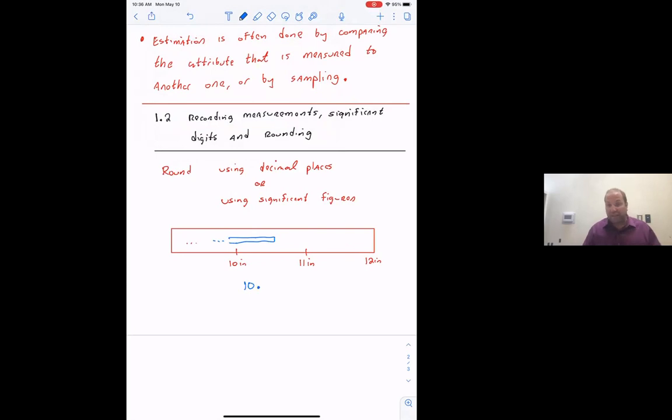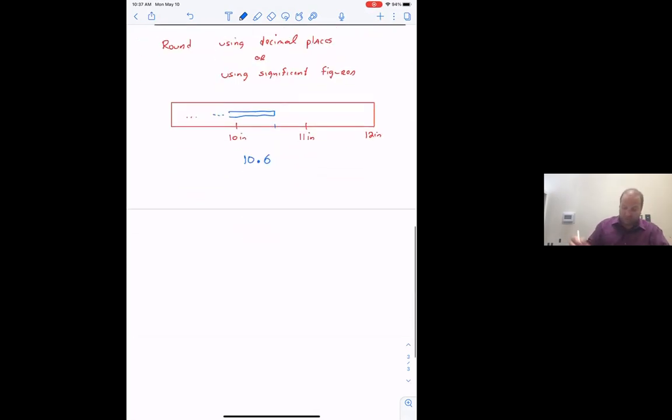It's between 10 and 11. No doubt, based upon my measuring device, that the 10 is correct. And then I might say, well, it's approximately 60% through, so I'll say 10.6. I'll use my exact 10 and then one digit past that for a pretty sensible guess of 0.6. All three of these numbers would then be significant because they are all either known or one sensible guess digit past there.